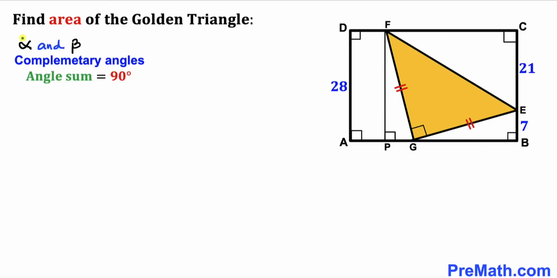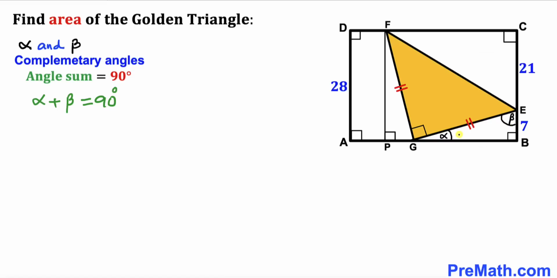Let's assume that alpha and beta are our two complementary angles. In other words, the sum of these two angles alpha and beta must be equal to 90 degrees. Now let's assume that this angle in this triangle EBG is alpha. This angle is 90 degrees, so therefore this angle is going to be angle beta.